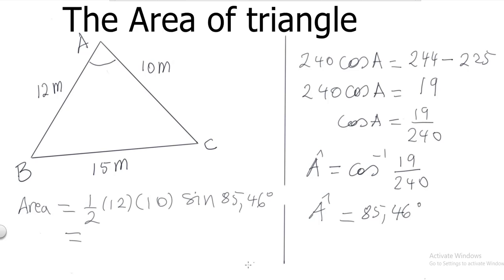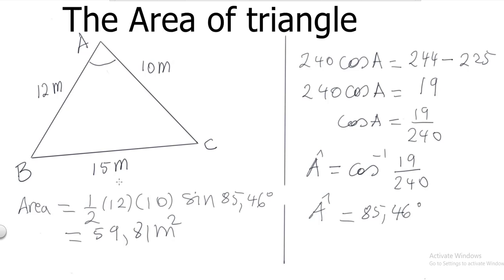So our answer will be 59,8 meter squared, because for the area you have to know the units. If you miss the m squared and put only m, it is not correct.